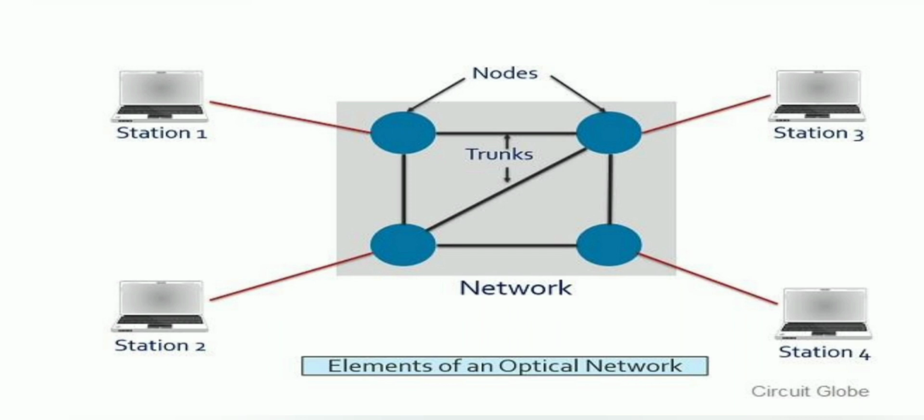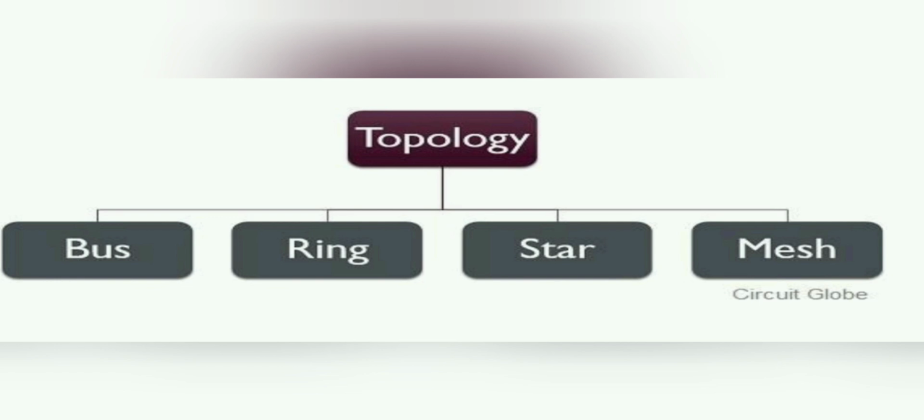Now we come to optical network topology. As we have already discussed in the previous section, topology is the arrangement of multiple optical fiber transmission lines in an optical network.